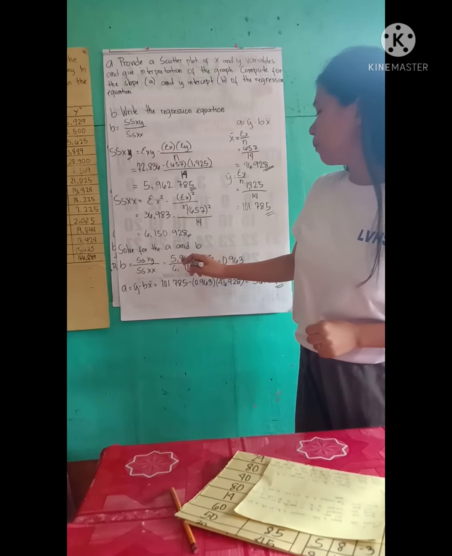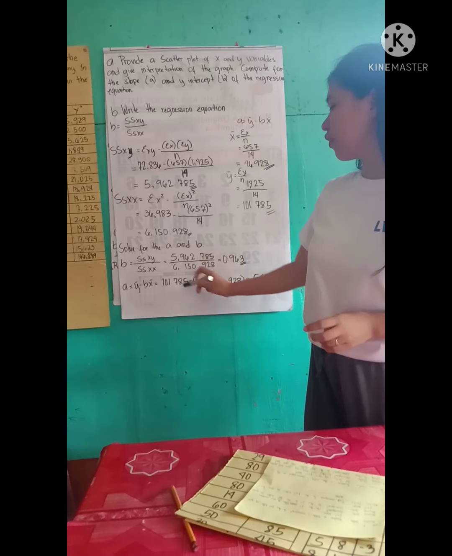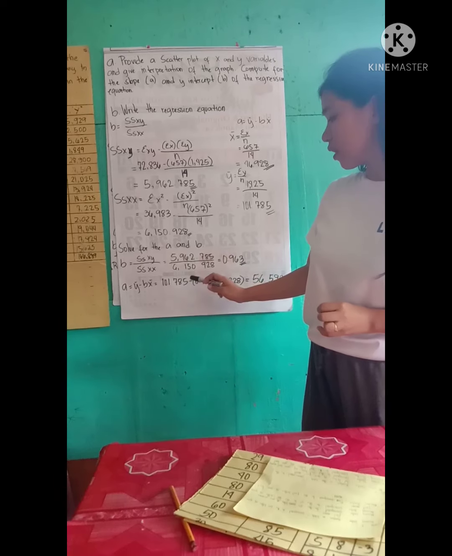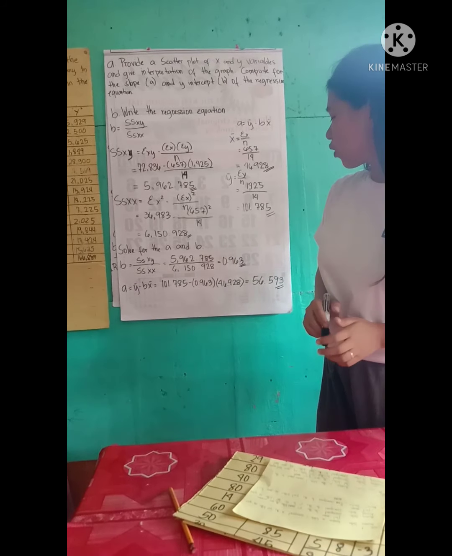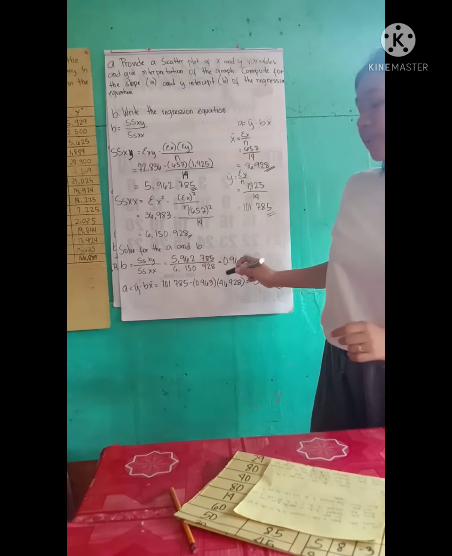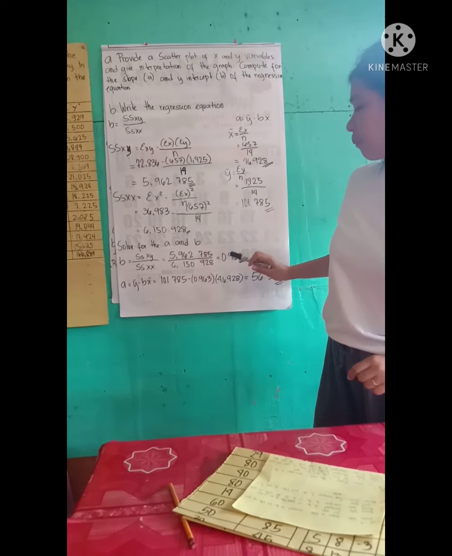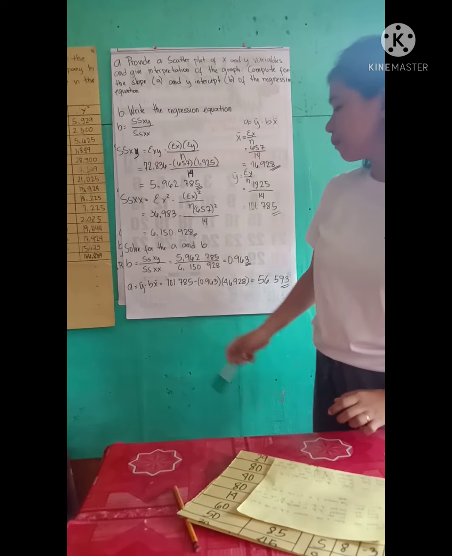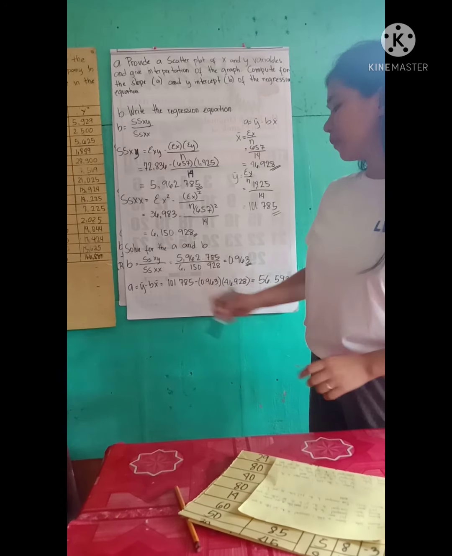So 5,962.785 divided by 6,150.928 is equal to 0.900963. So this is the value of our b. For the a, the formula is the mean of y minus b multiplied by the mean of x.